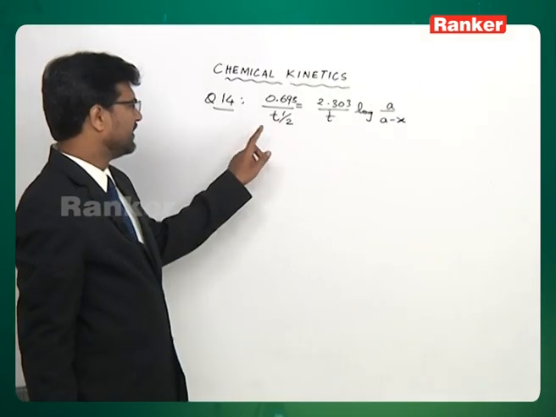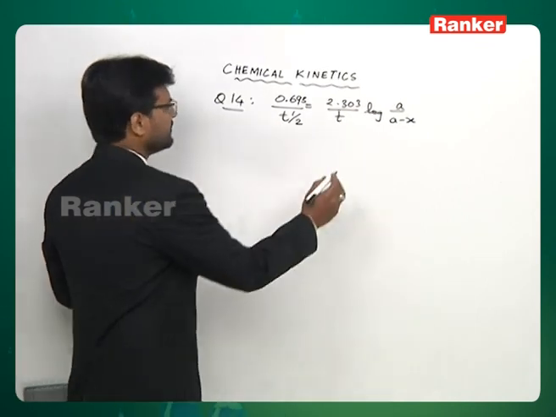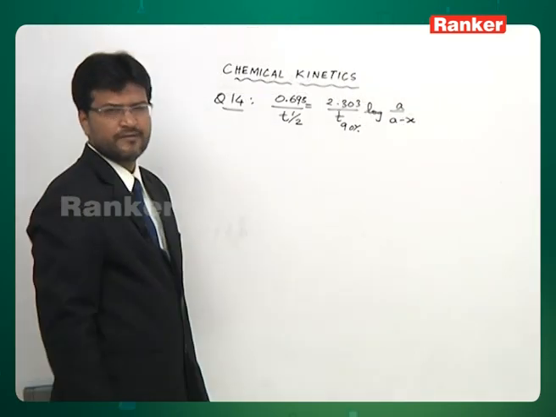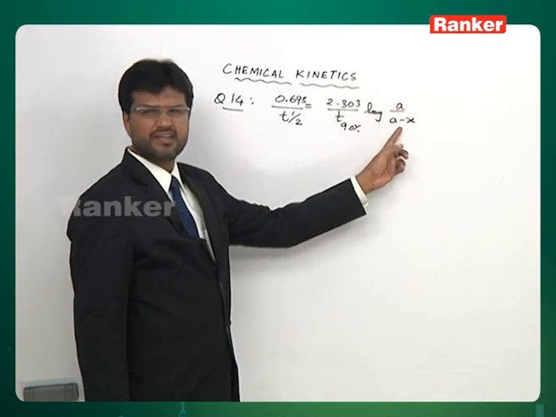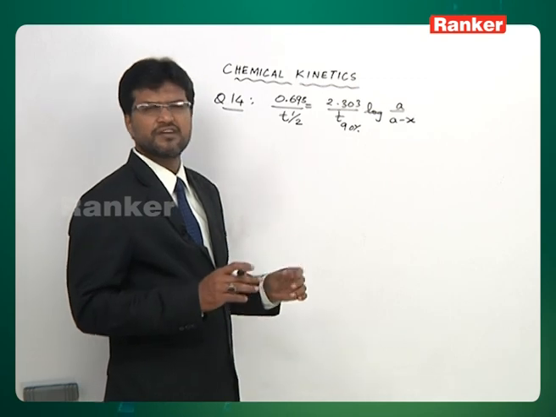Now t half is given as 100 seconds. We need to find t 90%. This a can be taken as 100 and this as 10, because 90% completion means 10% is left.